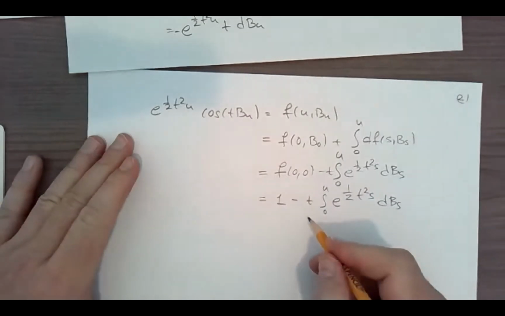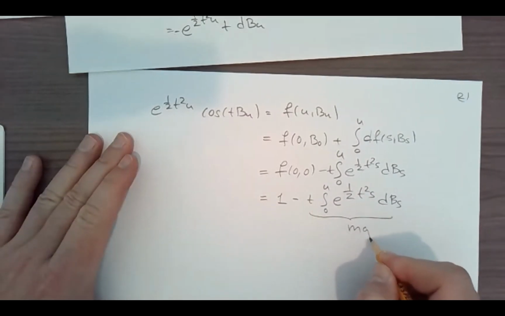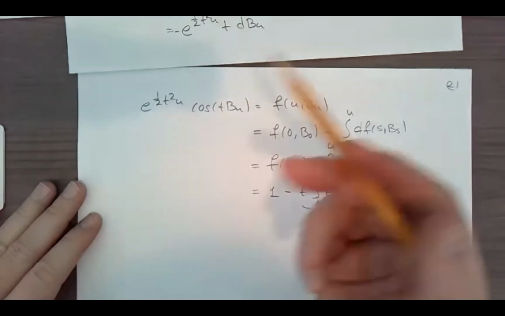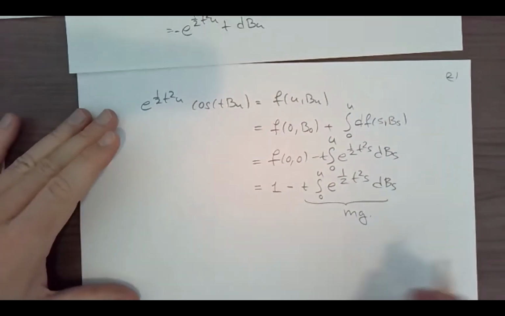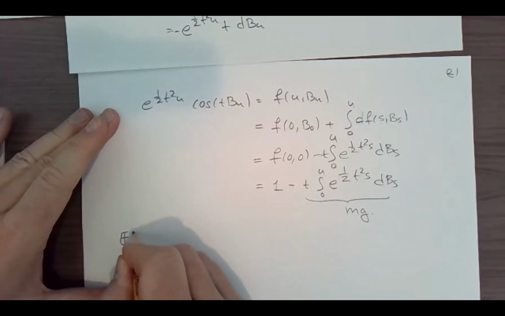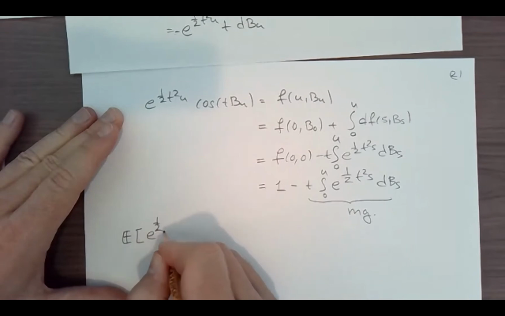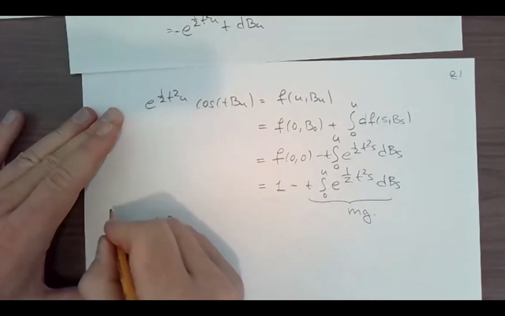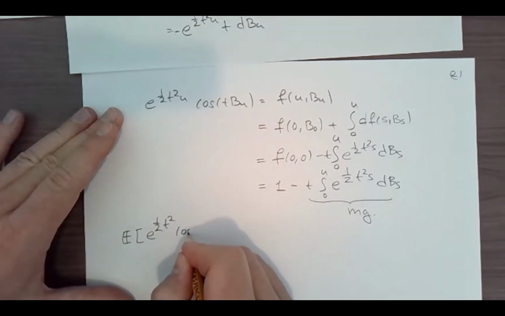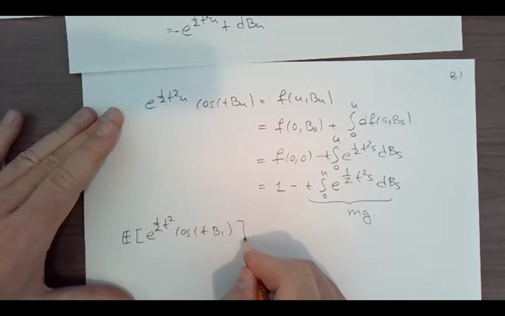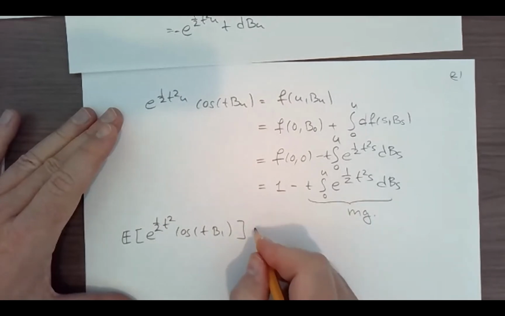And this here is a martingale. So we are now in the same situation as before. I know now that the expectation of this quantity here, e to the 1/2 t squared cosine t B_1. This is a martingale, the stochastic integral has zero expectation.